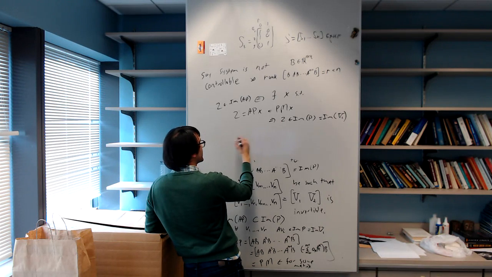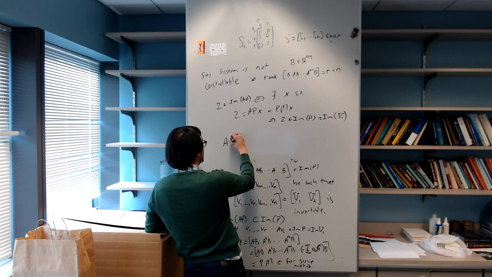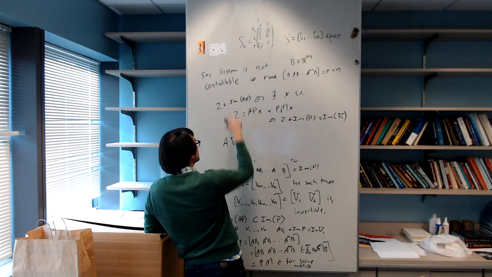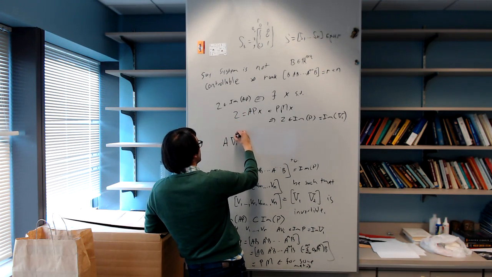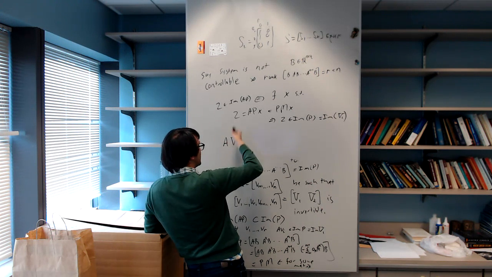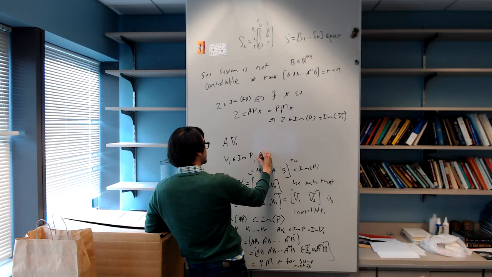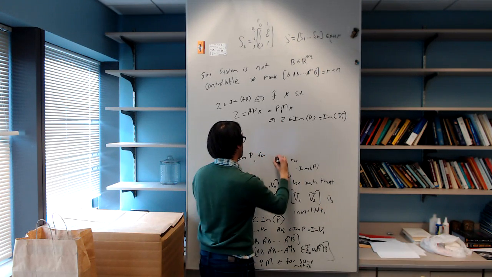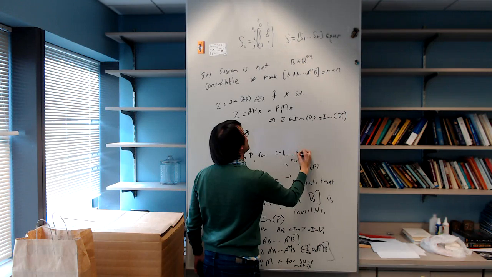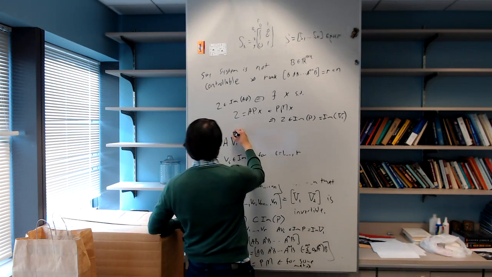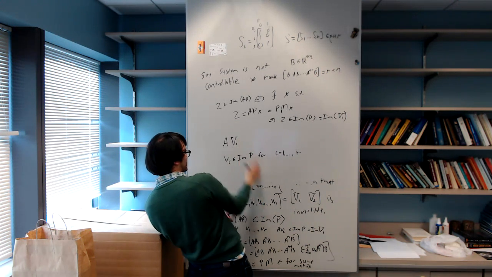What that's going to tell us is that every column of this, Vi, is in the image of P for i equals 1 up to R. That's how we've constructed this thing, where V1 is just the first R of these things.